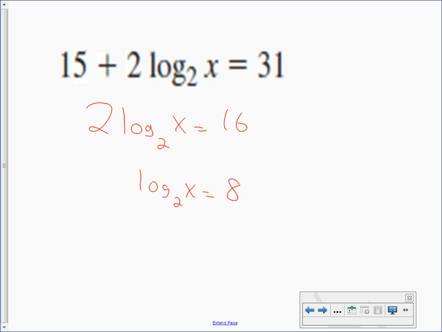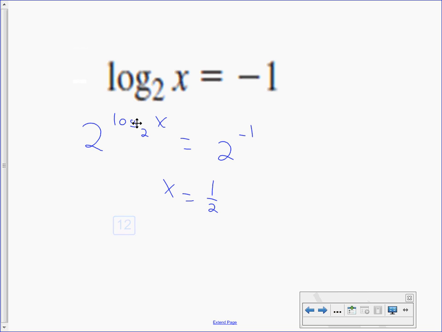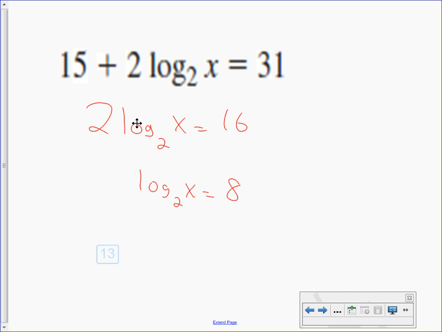Are we okay up to there? Yeah. Okay. Now, this is the same problem as that. So now all you do is just take 2, raise into those exponents. 2 to the log base 2 of x just becomes x, and 2 to the 8th power is?